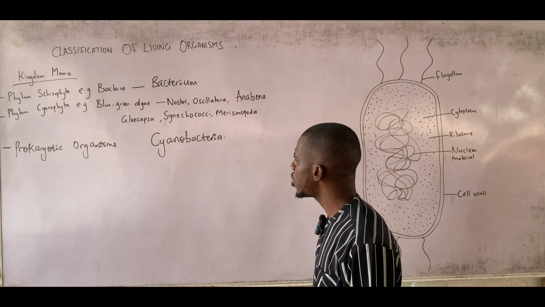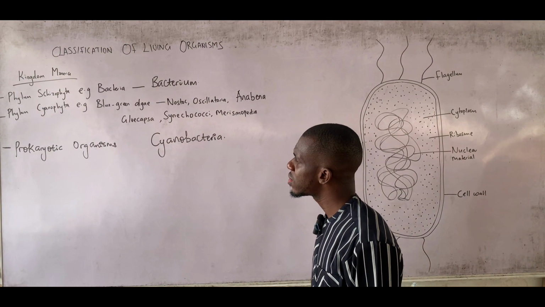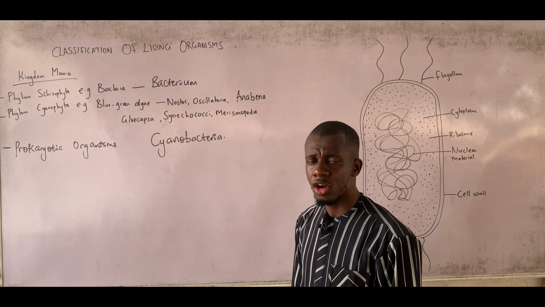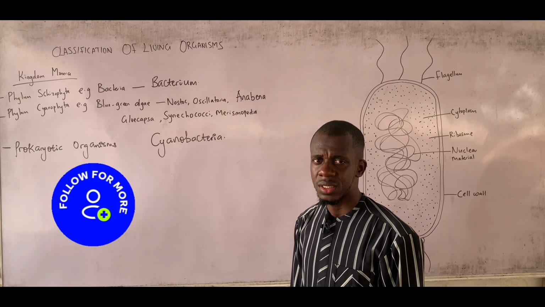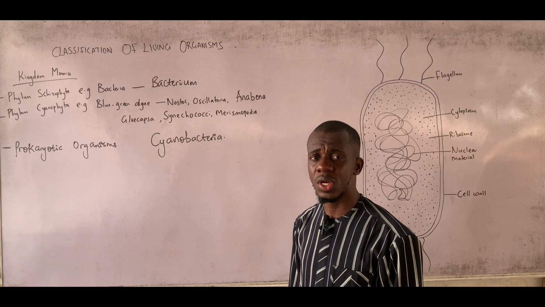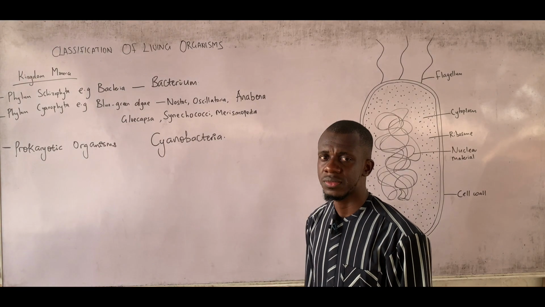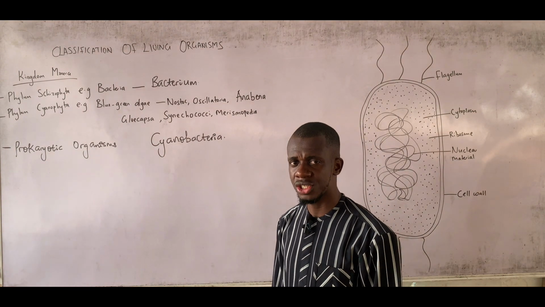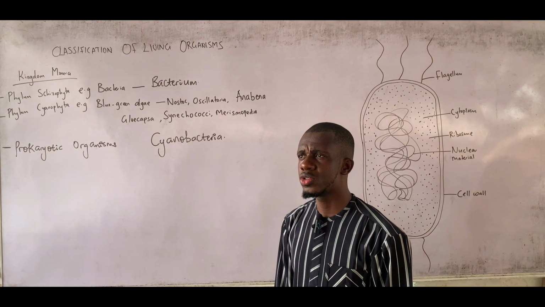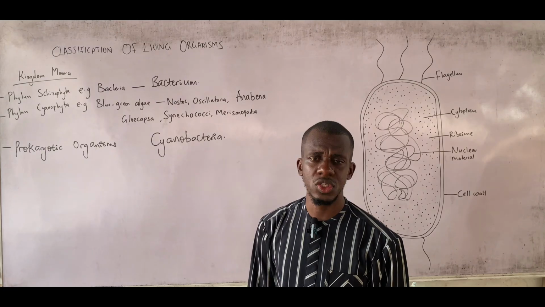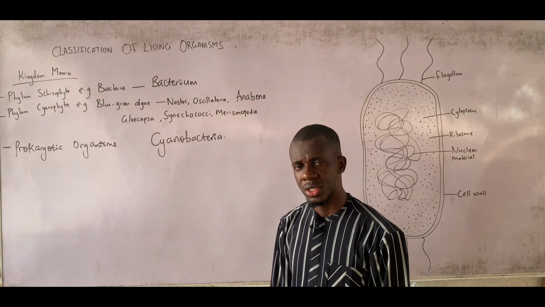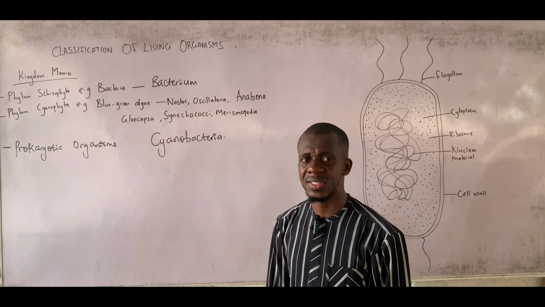Now, I need to equally mention here that the cyanophyta, which are the blue-green algae, store their food as what we call glycogen-like starch. If you are familiar with storage of food, you would know that plants and animals store food differently. Plants store carbohydrates as starch, animals store carbohydrates as glycogen.